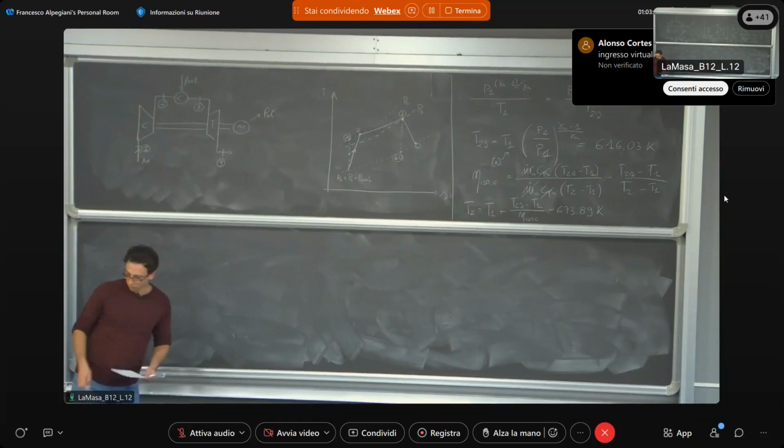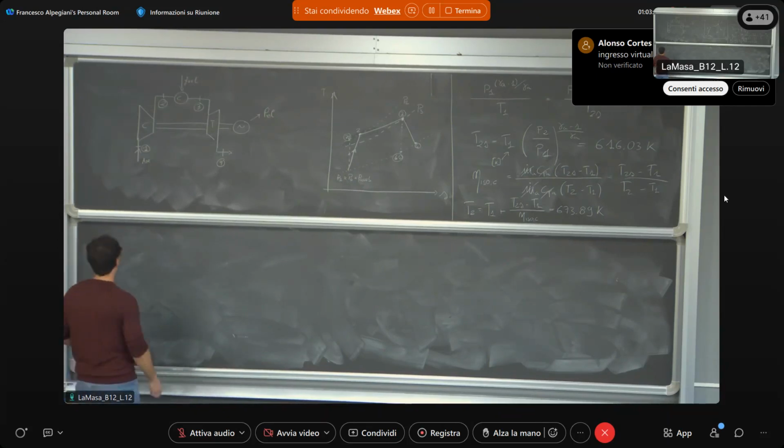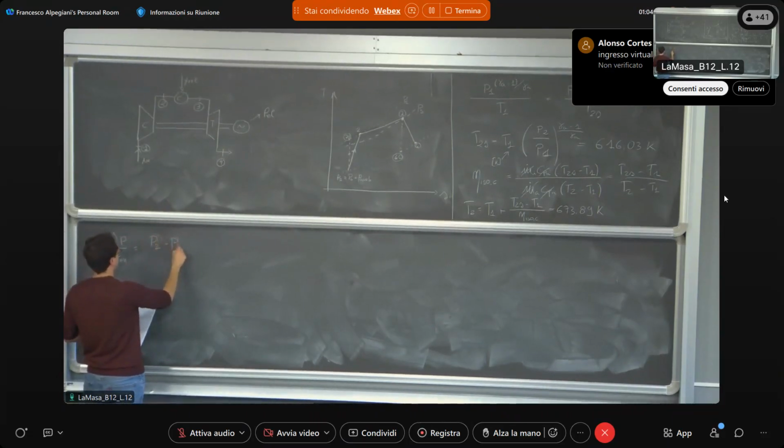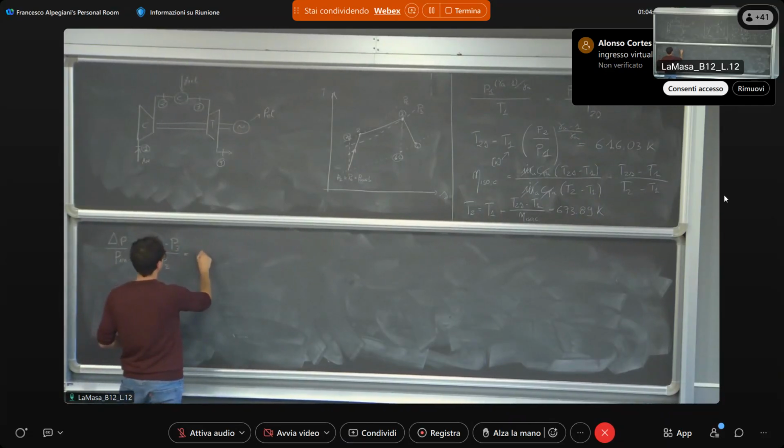The pressure drop is equal to 3%, and so we can write that delta P over the inlet pressure at the combustor is equal to, this is the same as writing, P2 minus P3 divided by P2 is equal to 3%.